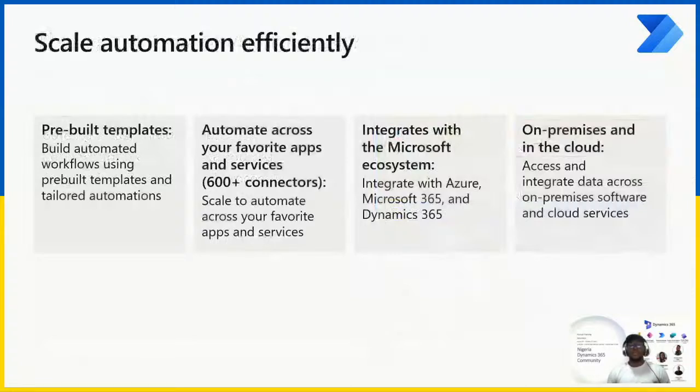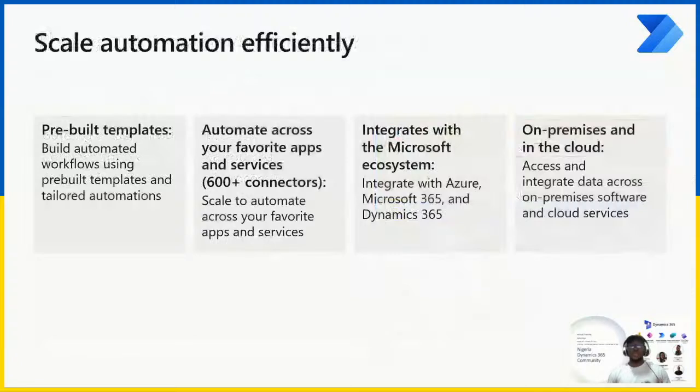Now, with Power Automate, you get to scale automation efficiently. Why? Because there are pre-built templates that Microsoft has made available, 1,001 of them. So all you need to do is search with certain keywords. So for instance, if I have a Salesforce environment and I want to include Salesforce in my automation process, Microsoft has pre-built templates on the Power Automate website, which is make.powerautomate.com.